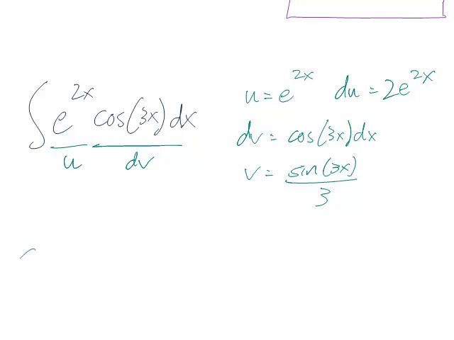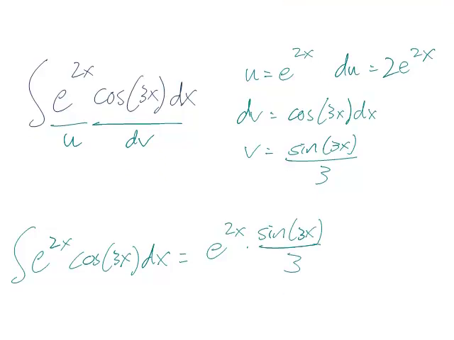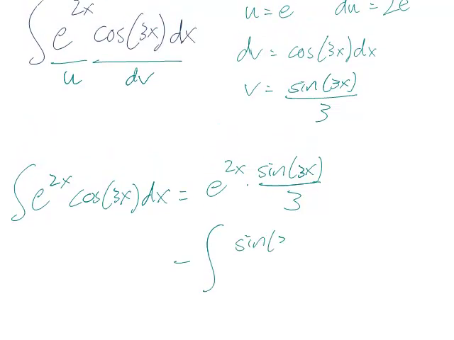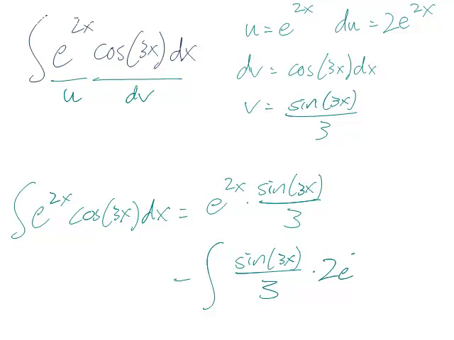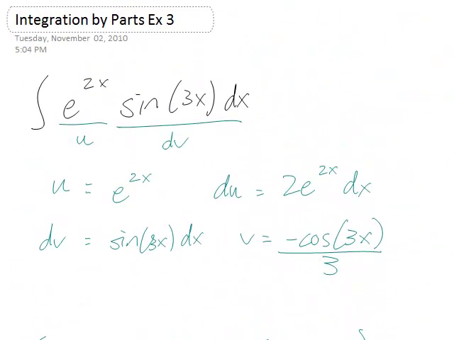Okay, so this integral of e to the 2x cosine 3x dx is going to be uv, that's e to the 2x times sine of 3x over 3, minus the integral of v du, that's sine of 3x over 3 times 2e to the 2x dx. And this third integral should look familiar because it's exactly 2/3 of the integral that we started with.